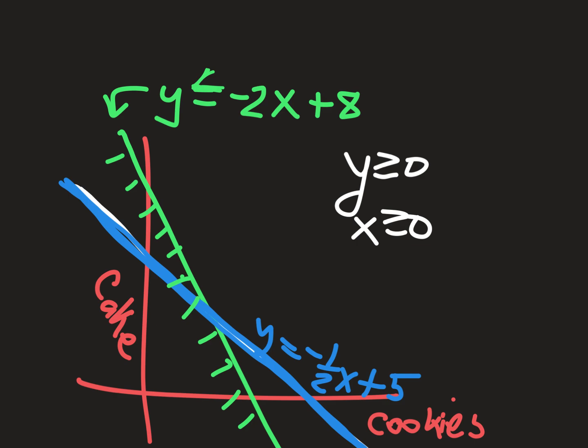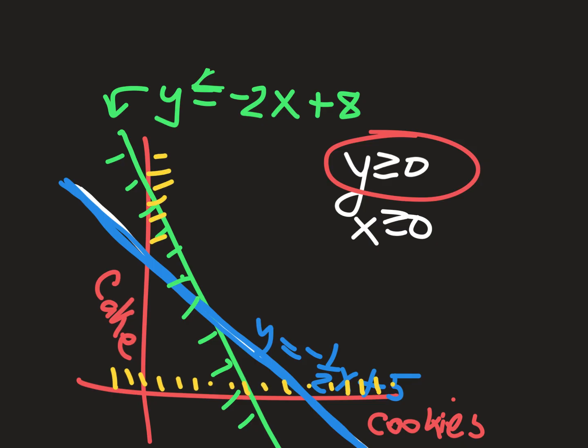X-axis is y equals 0. So then if I'm graphing this one, it's really like the x-axis. And I'm going to shade just a little bit above it. And the y-axis is like x equals 0, so greater than 0 means I'd shade this way.